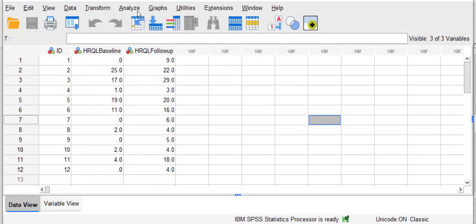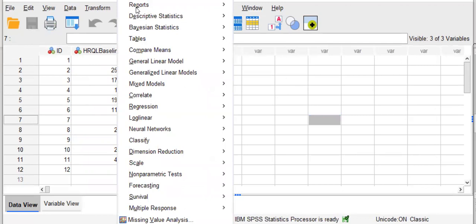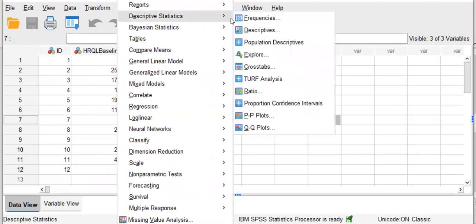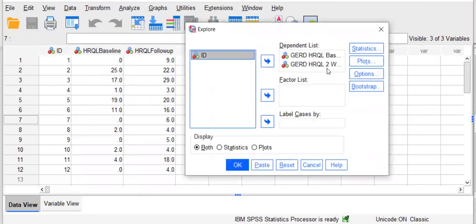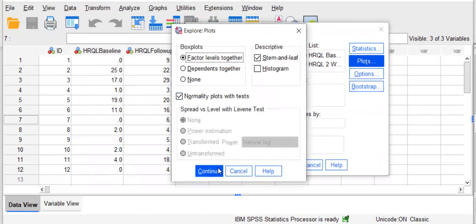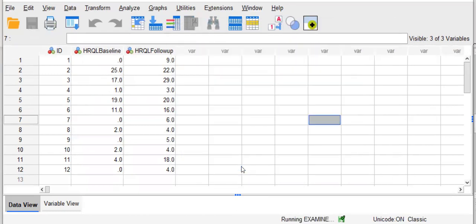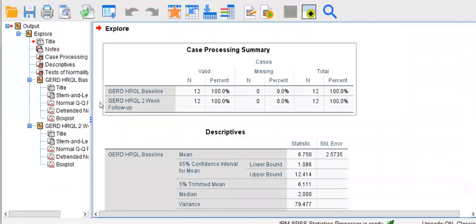So I will show the third step of the test of normality, the Shapiro-Wilk test of normality, so that you can see. I'm going to go to Descriptives, Explore, Plots, click on Normality Plots with Tests, and OK, so that you can see the results of those tests.